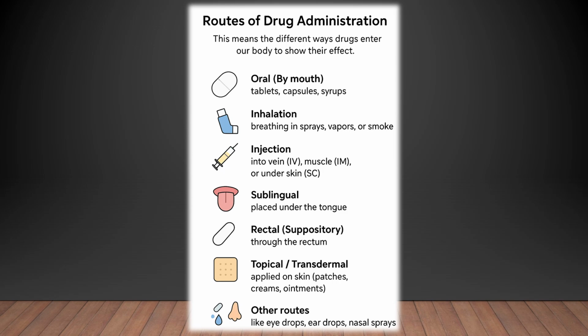There are patches for pain treatment, and creams will be applied on the skin for rashes or any skin diseases, and ointments also will be like that. And other routes like eye drops, ear drops, and nasal drops. So these are all the routes of administration of a drug.